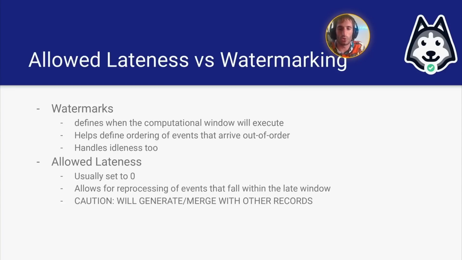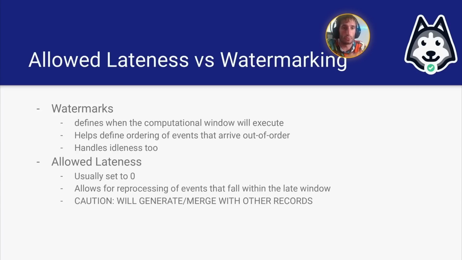But one of the things that's rough about the allowed lateness is that if you end up getting that really late data, it will actually reprocess, and it will either generate or merge data that might have already been flushed, because the window might have already closed.